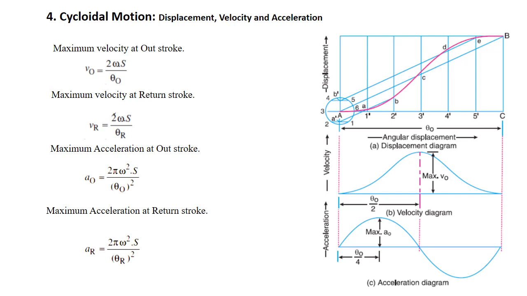Now coming to the fourth type of follower motion, that is cycloidal motion. Unlike in the previous case, where we have seen that the acceleration and retardation were constant.